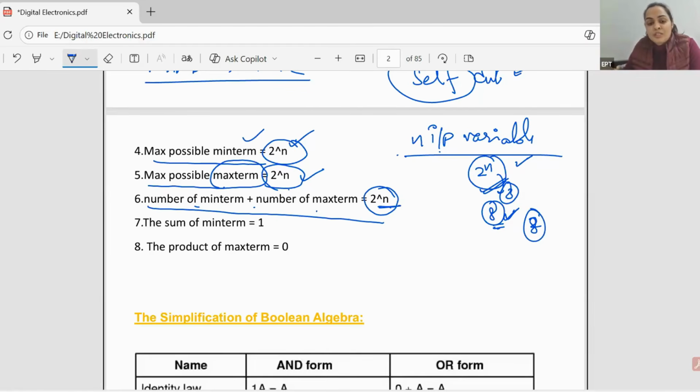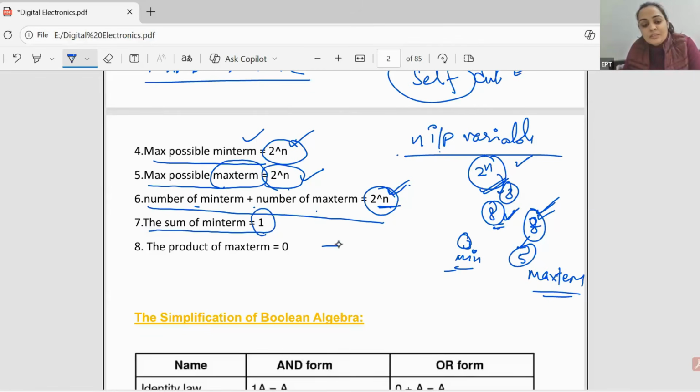If we have all min terms, then 8 min terms are possible. The maximum number of max terms possible is also 8, but suppose out of 8, 3 are min terms, then the remaining 5 will be max terms. Like this you can find the number of min terms and max terms. It will not exceed 2 raised to power n.